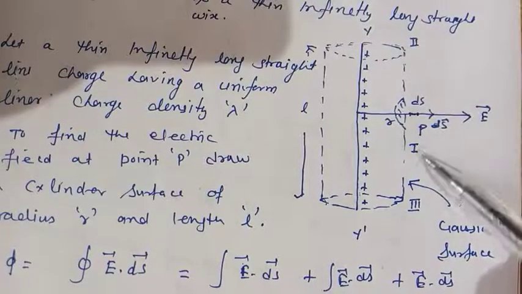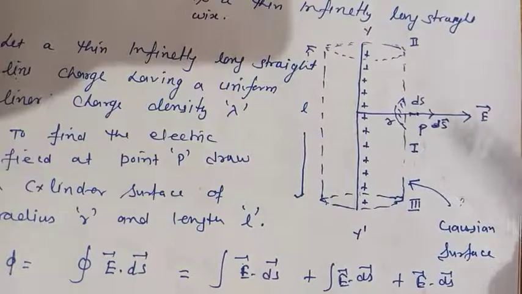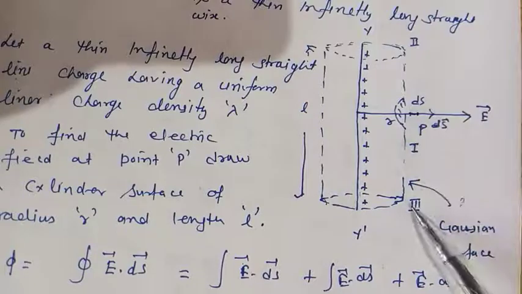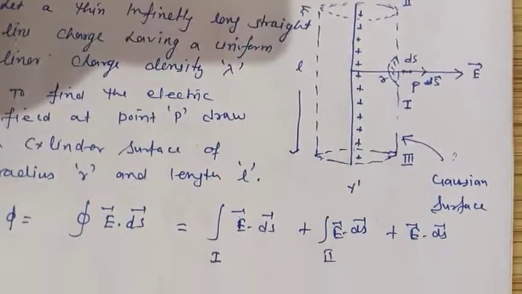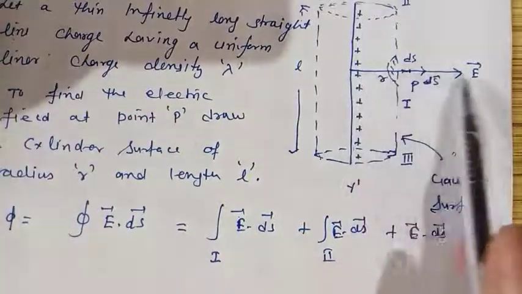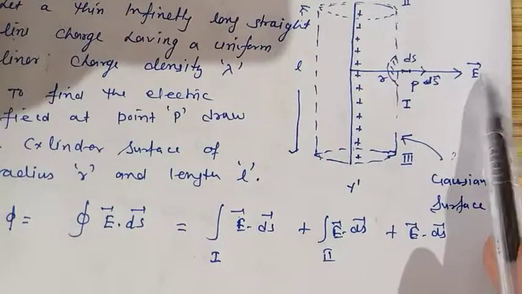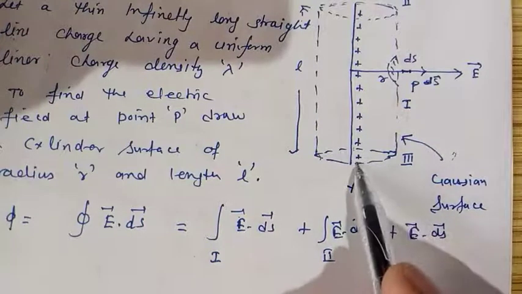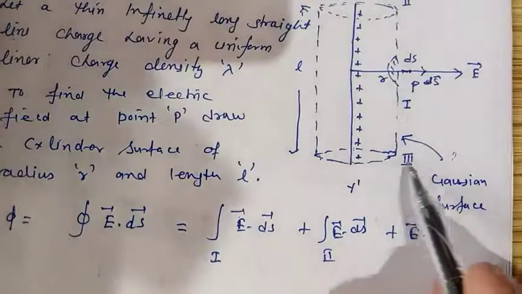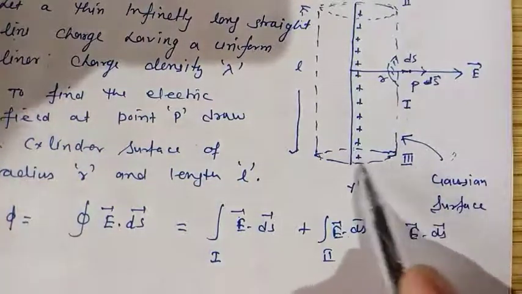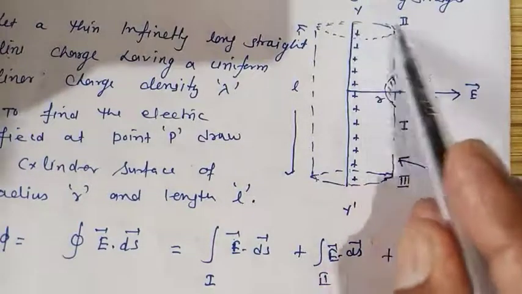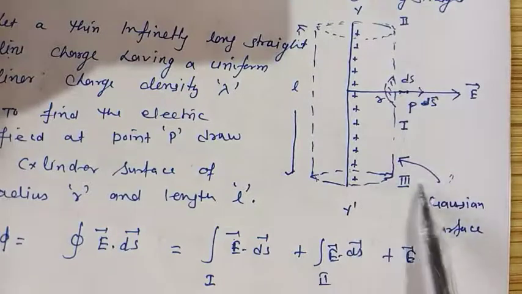This curved part be part 1, then the circles are part 2 and 3. Now if you see here, the direction of electric field for part 1 goes perpendicularly like this. But here the direction of electric field goes in this way, right? Means electric lines of force are going parallel to the end faces. End faces mean this face, our part 2 and part 3.